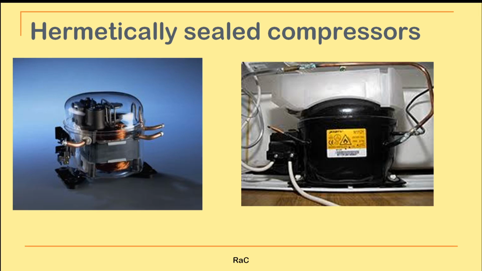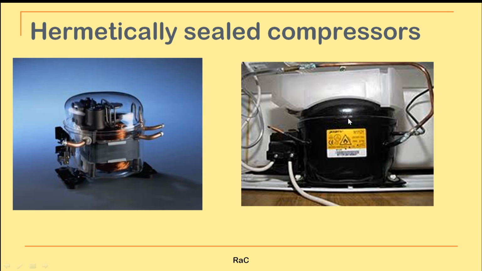Hermetically sealed, you may not be able to distinguish between where the compressor is located and where the motor is located. This is the most commonly used type of compressor in our refrigeration systems. You might have seen in your household refrigerators, rear bottom side, a black object like this. So this is a hermetically sealed compressor.